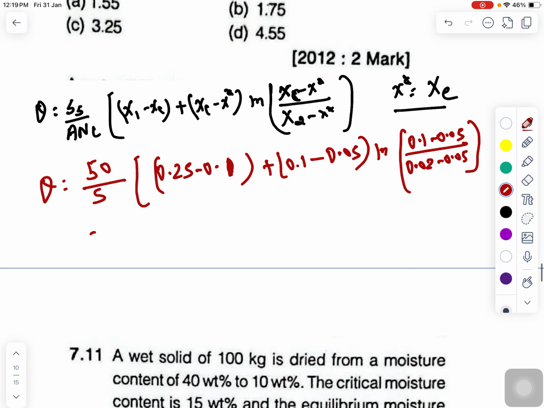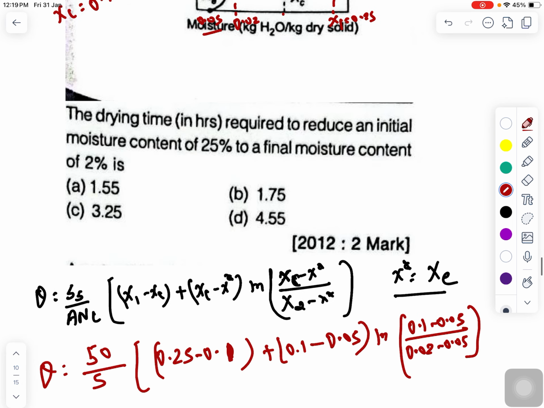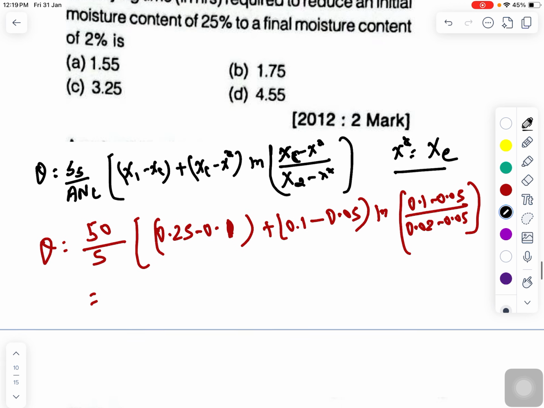Once you calculate these things, you will get this answer. So let's try to calculate this value first. So 0.02 minus, X star is 0.005.